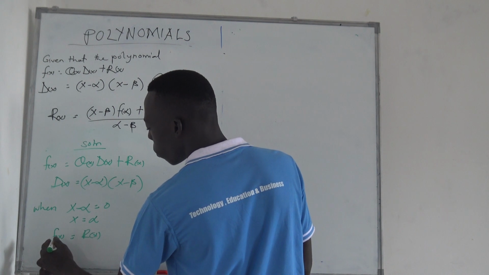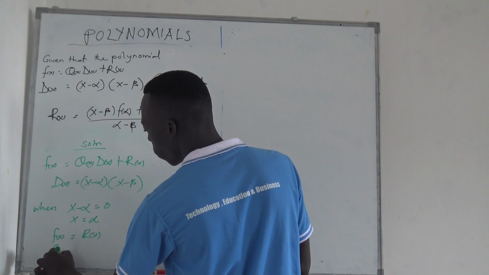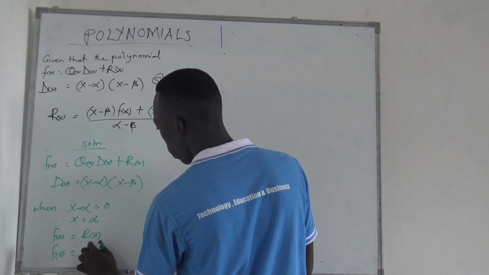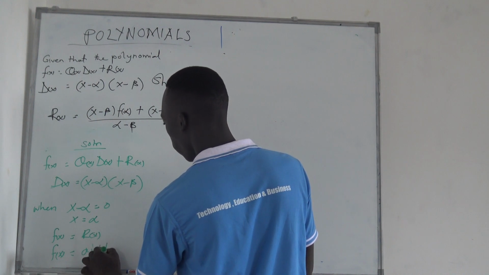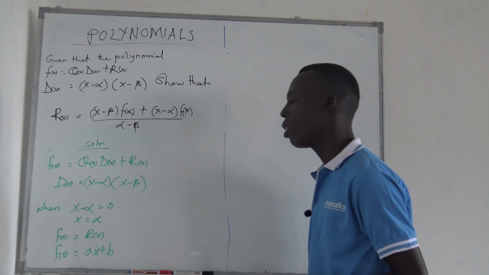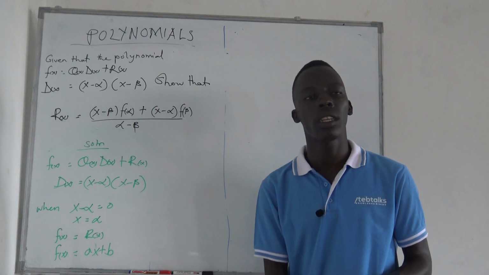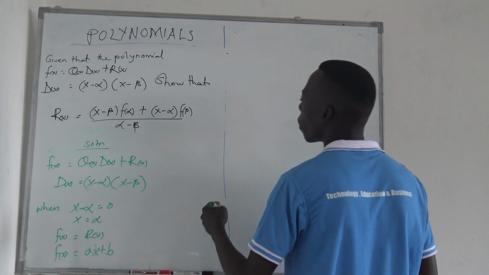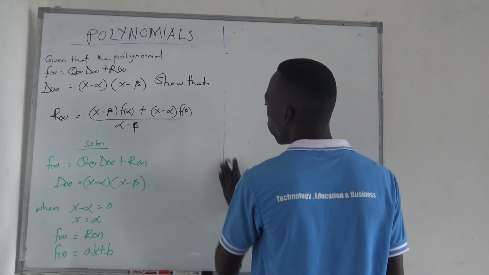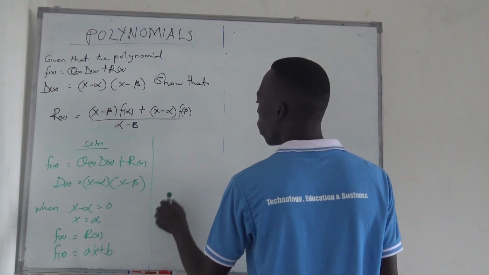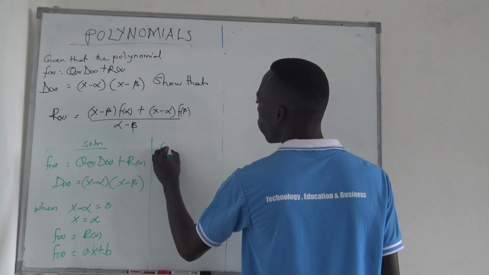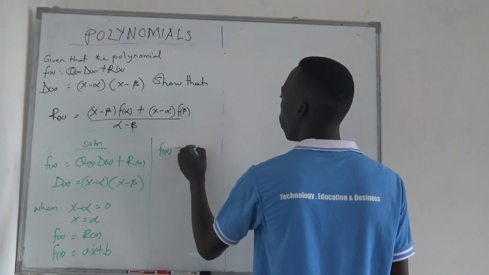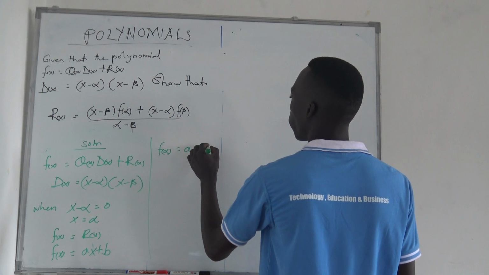So this one will give us clear that our f of x is the same as ax plus b. So this one will help us when calculating these things. Since here we have said x is the same as alpha, we can substitute. Here we say that our f of alpha equals a alpha plus b.